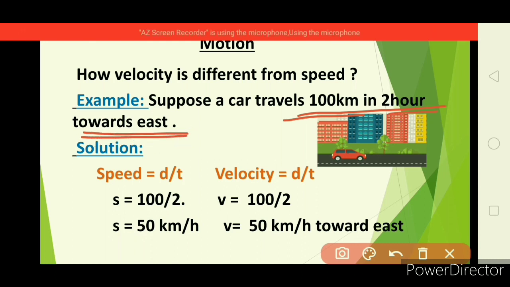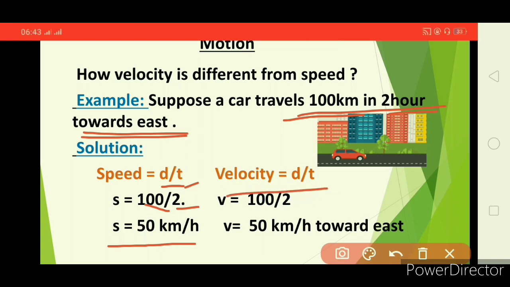So here we apply the formula of speed to find speed. Speed equals d upon t, where distance equals 100, time equals 2. So 100 divided by 2, we get s equals 50 km per hour.